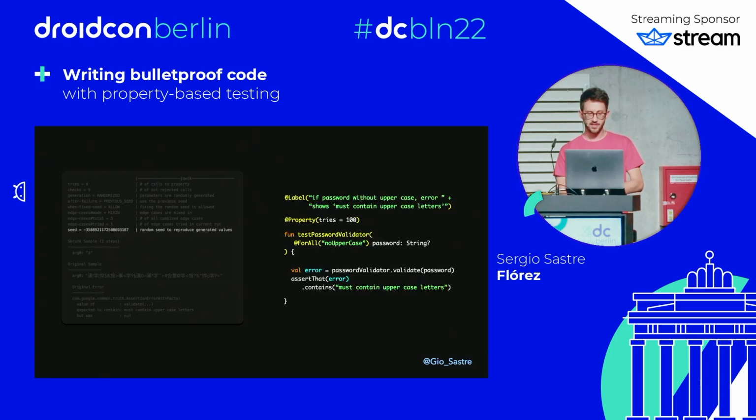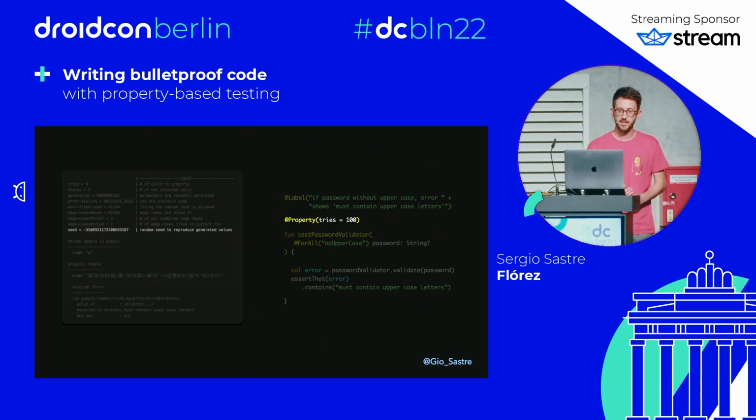So how can we use the seed? We got our test here, and if we take a look at the property annotation, we just have to add the seed there. This is very good for testing locally, because you identify the bug, you copy the seed, and then you try to fix the code. Every time you click on the run button, it's going to generate the same examples, and that way you will know when you have really fixed the bug.